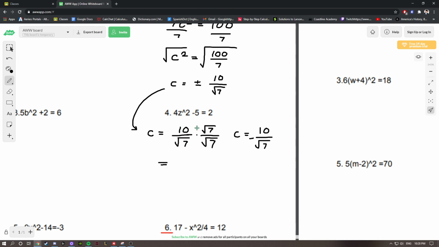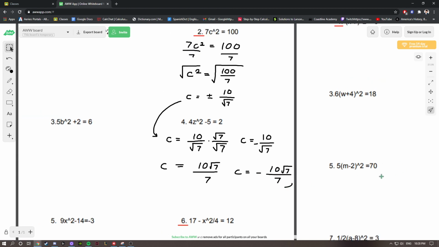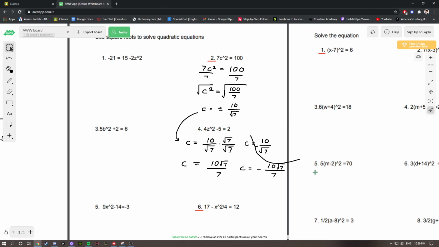The numerator becomes 10 square root of 7, and then square root of 7 times square root of 7 is the same as square root of 7 squared, and we know that square roots and exponents cancel out. So we just get 10 square root of 7 over 7, and we also get negative 10 square root of 7 over 7. And that's that.